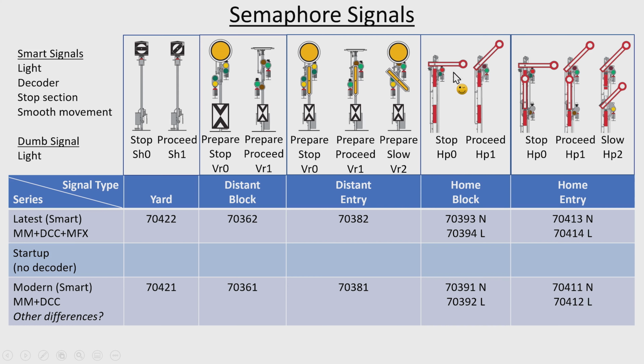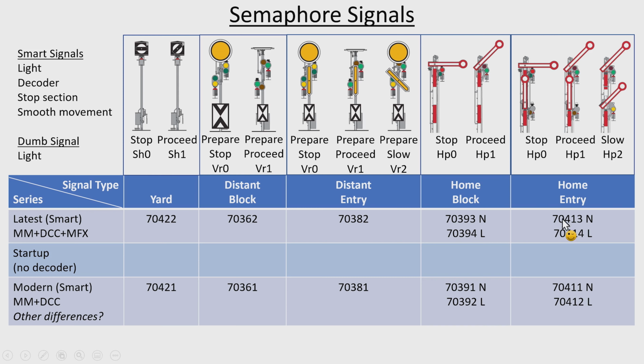There is also a little light on there. So you see there's a red light in here. So the semaphore signal will actually both have a light and a wing. If the wing is at a 45-degree angle and the light is green, it's indicating proceed. So in this way, the home block can be used exactly like I explained with the home block for the light before. Now it's just a semaphore signal instead.